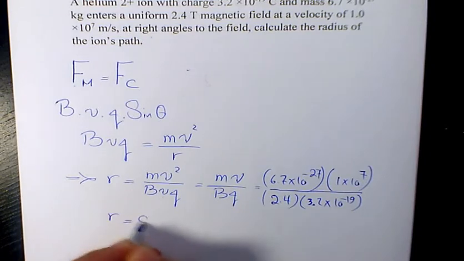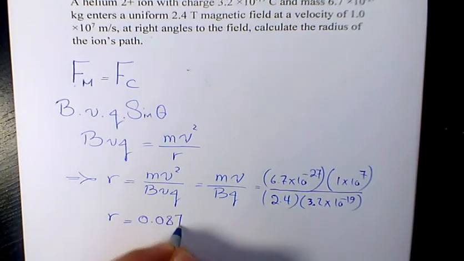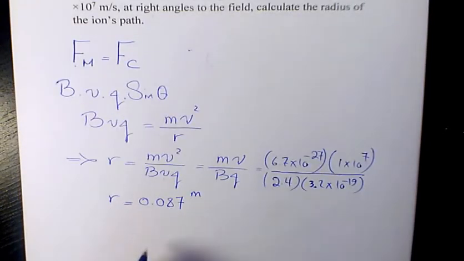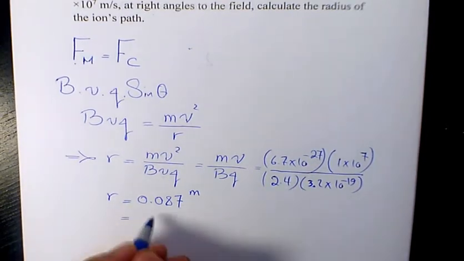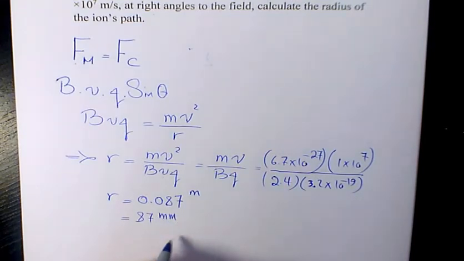So R will be 0.087 meters. Or when you convert it to millimeter, you need to multiply it by 1,000. It's going to be 87 millimeter.